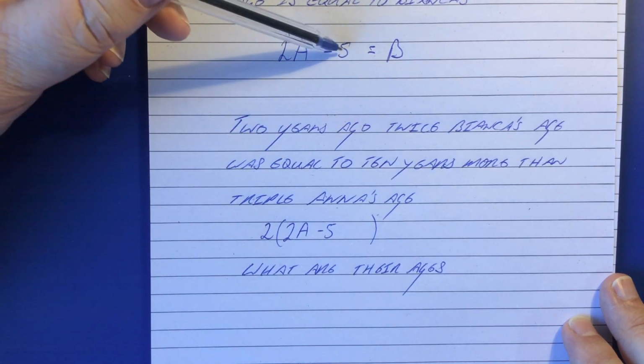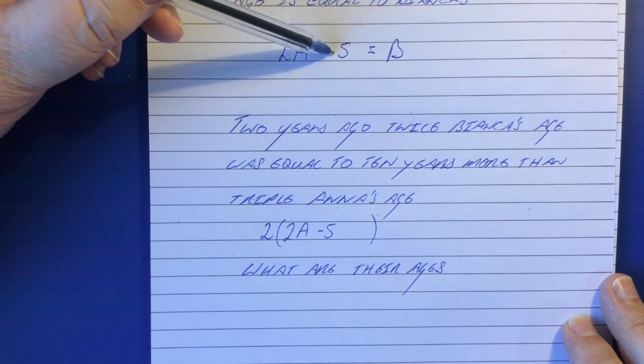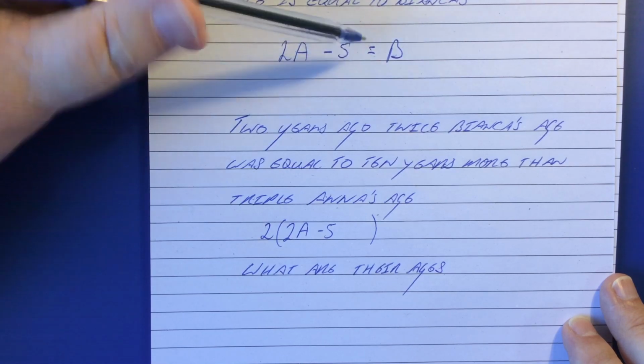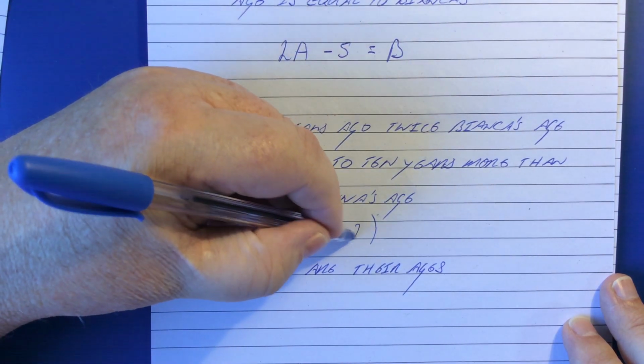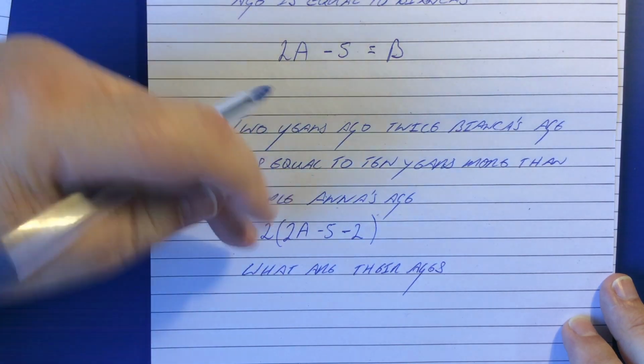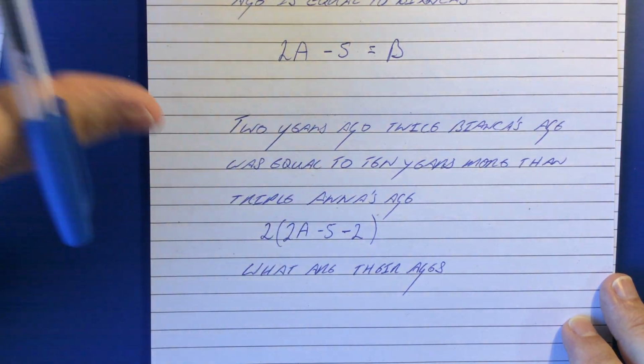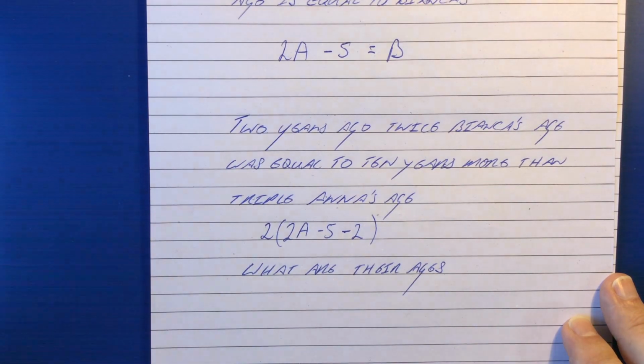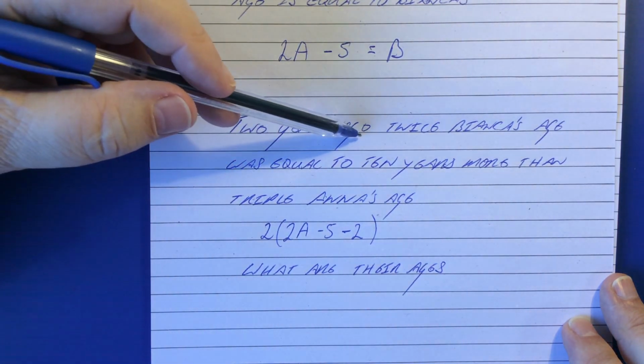So Anna's age 2 years ago was 2a minus 5 and minus another 2, which of course we can simplify. And I'll do that on a fresh piece of paper. Okay, so that is 2 years ago.